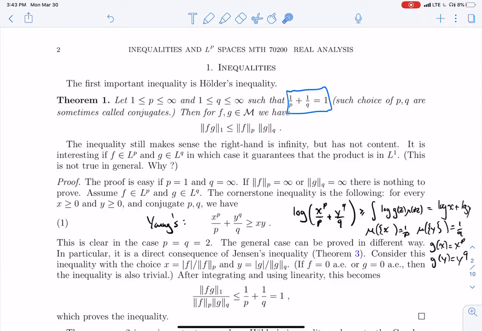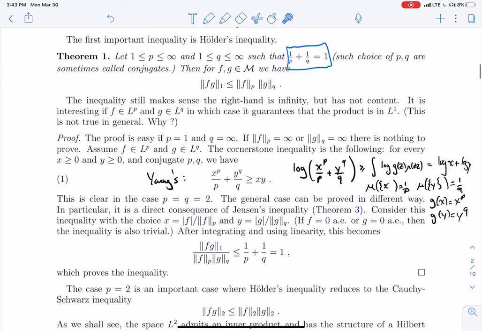So you get a statement about the product of these two functions. Now we do the proof for the case where neither p nor q is infinity. If one is infinity, it's just taking the essential supremum out, and since the integral doesn't care about sets of measure 0, you get your result.